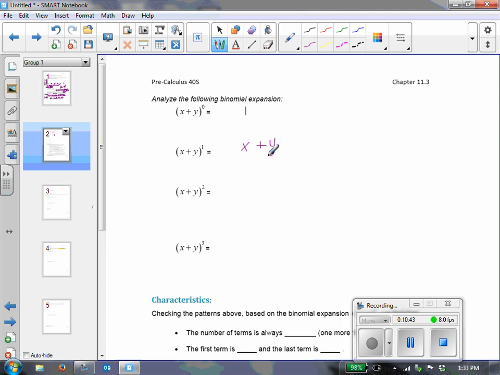Okay? What's this one? Square. So x squared plus x plus y plus... Ooh, plus one. That would have been a disaster. This one?